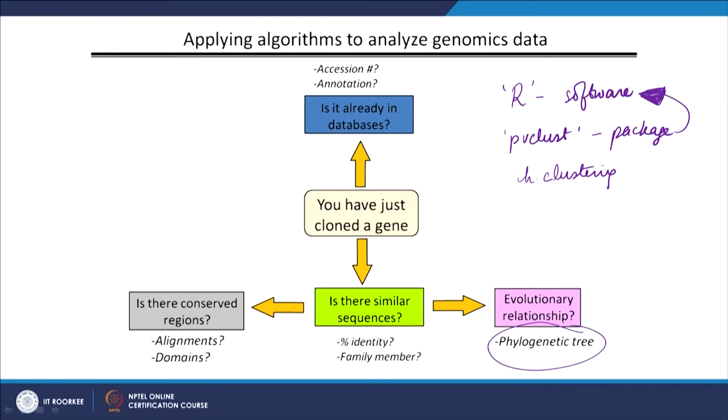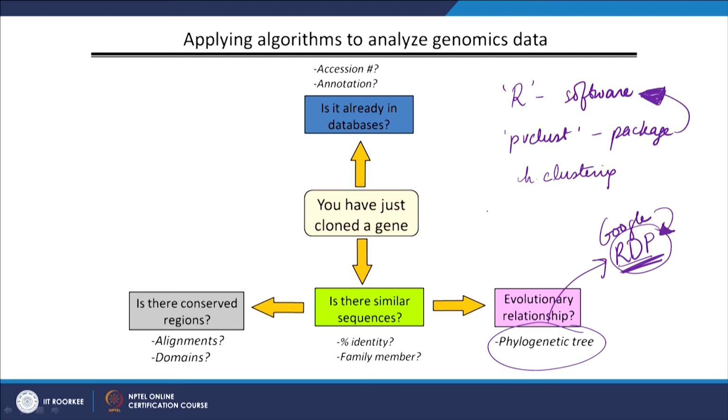Now if you are interested in a phylogenetic tree, then you have other options with you, like for example you can use the Ribosomal Database Project. This is online, so if you just Google RDP, you will get information on how to create a phylogenetic tree.